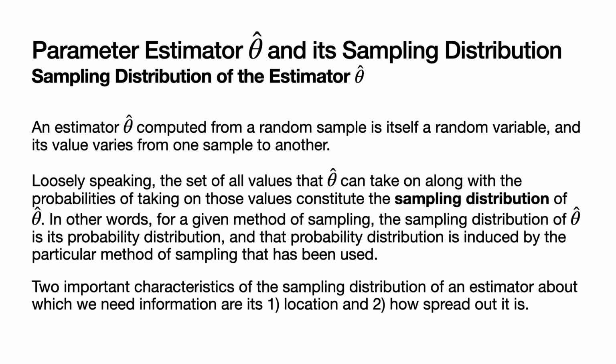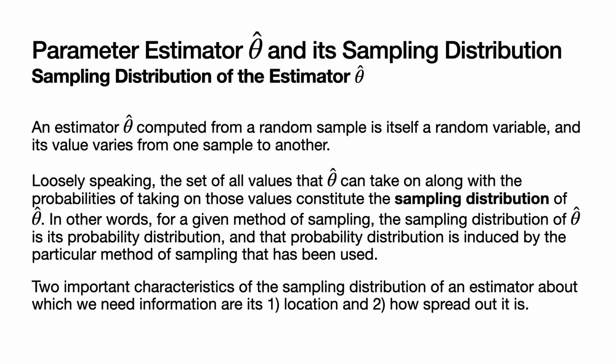An estimator theta hat, computed from a random sample, is itself a random variable, and its value varies from one sample to another. Loosely speaking, the set of all values that theta hat can take on, along with the probabilities of taking on those values, constitute the sampling distribution of the estimator theta hat.